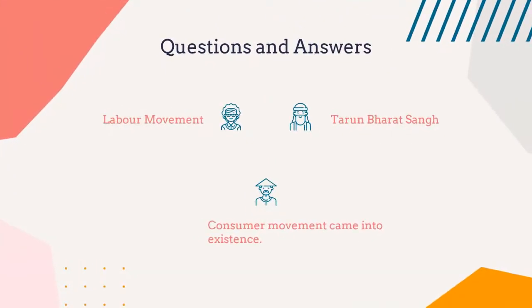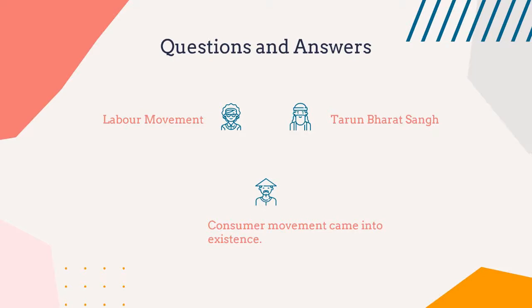Let's discuss some questions and answers related to these topics. Short notes on the labor movement and the Tarun Bharat Sangh. So we know that the labor movement in India emerged in the background of industrialization. In 1899, railway workers went on strike for their demands.